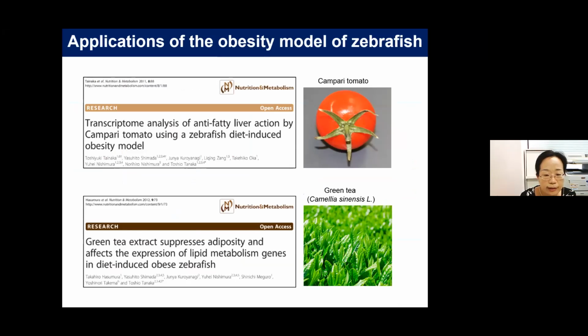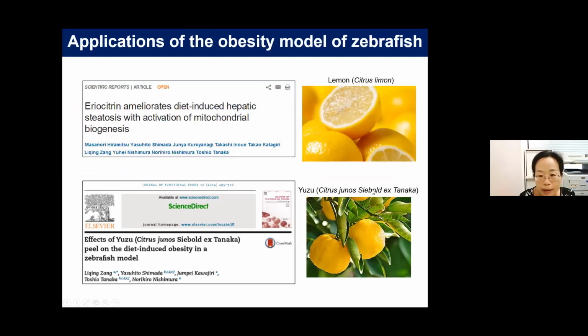As applications, we use this obesity model to evaluate the anti-obesity effects of numerous natural products. For example, tomato, green tea, lemon, and one of the citrus fruits originating in Asia.